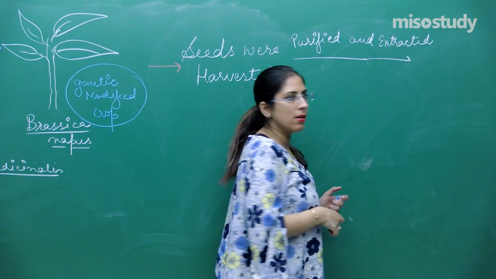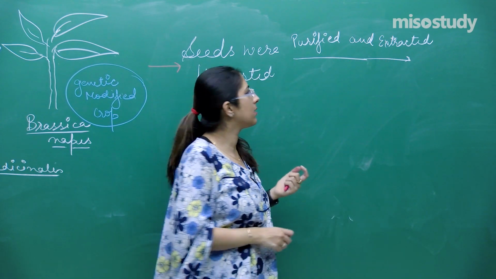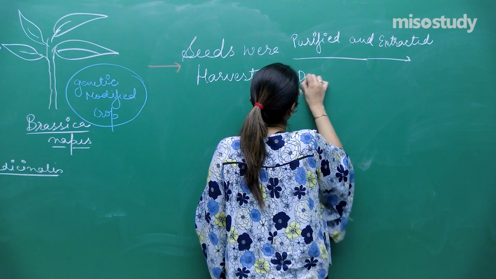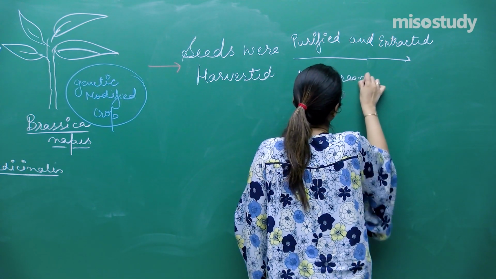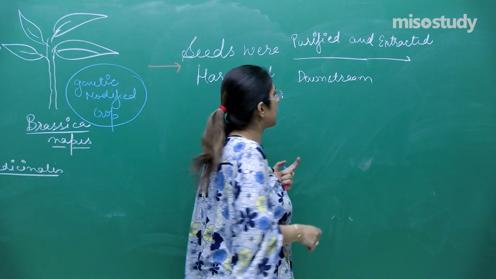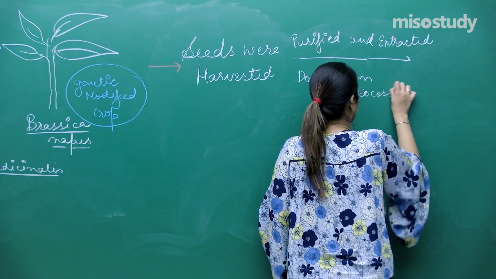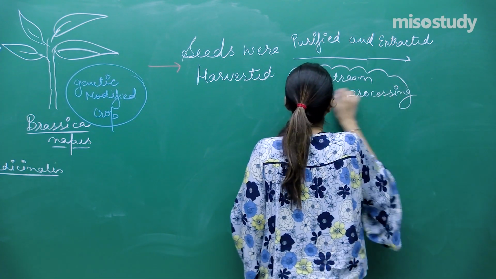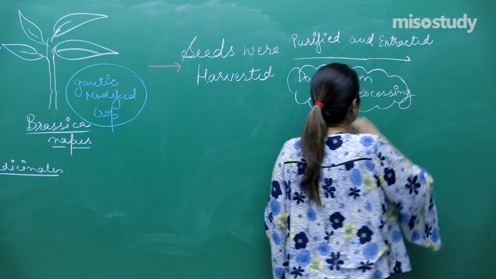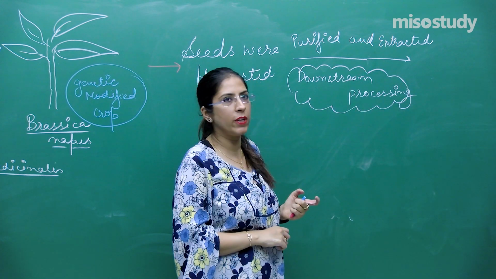Hope you remember the exact name of the purification or extraction, that is downstream processing. In the previous chapter, we have studied about downstream processing. You should know what exactly downstream processing means. That means purification, extraction, and later on what we get is hirudin.